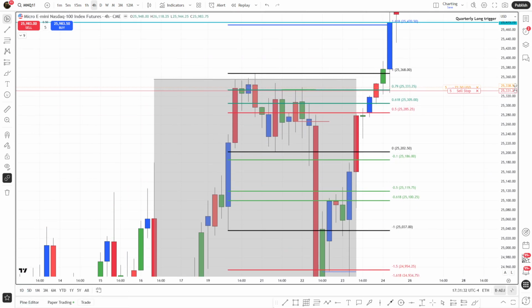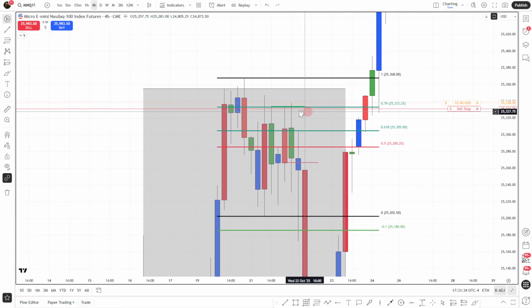But look at how we're setting up narrative and reading price action. Like we have to get good at reading price action because we have to know where price is at in the delivery.